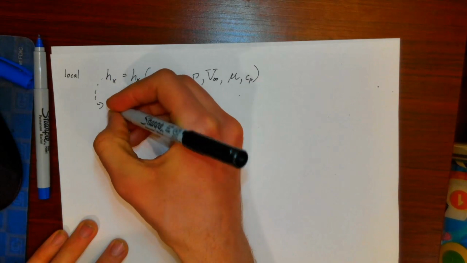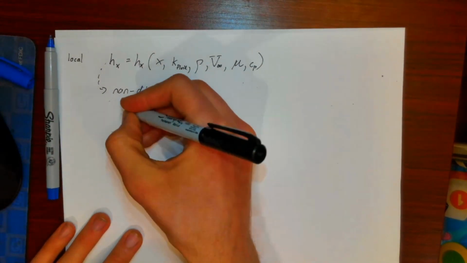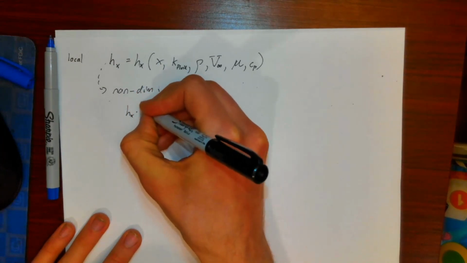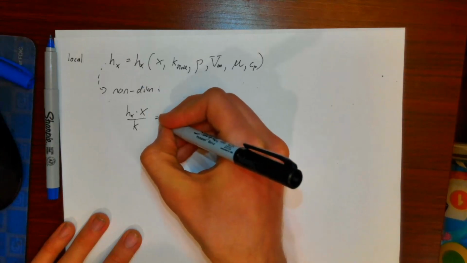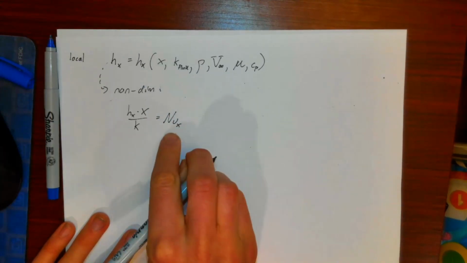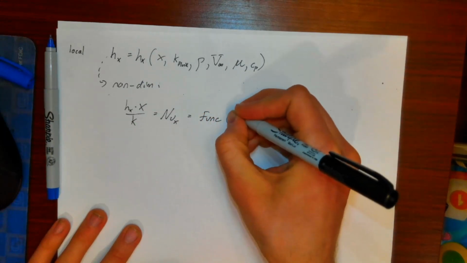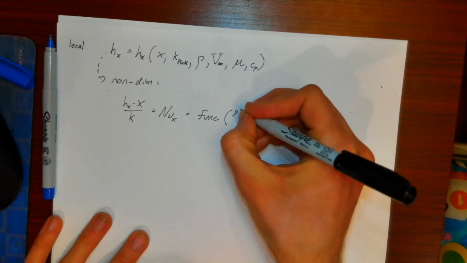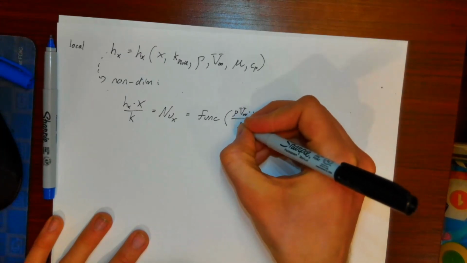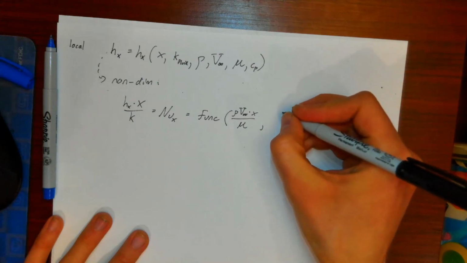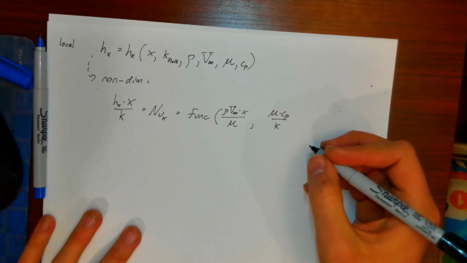So this is basically going to be a function of all these things. We can do the non-dimensionalization to show that h sub x times x over k, which we could call a local Nusselt number sub x, is a function of rho v infinity times x over mu and mu times Cp over k of the fluid.